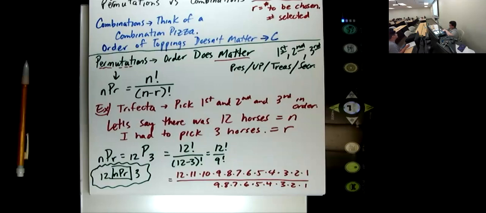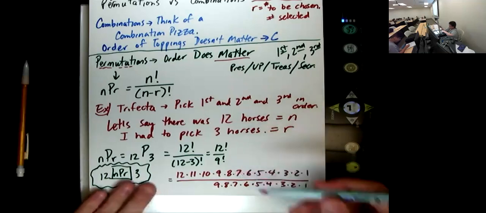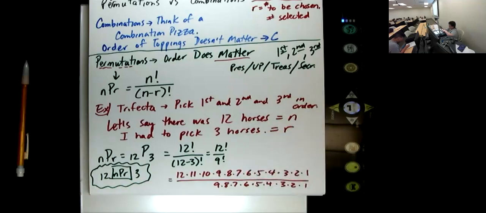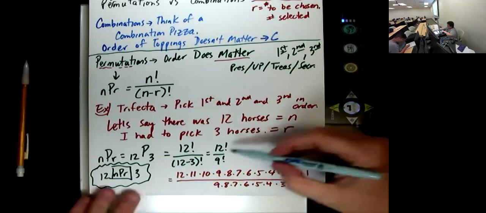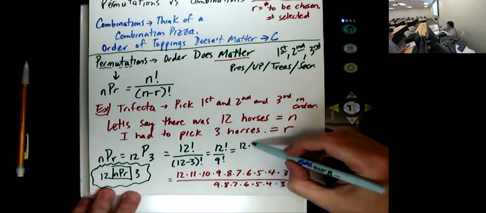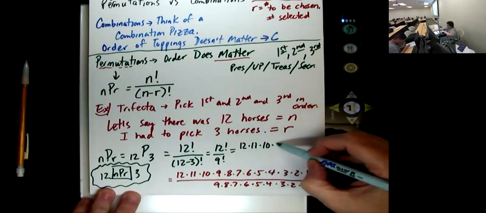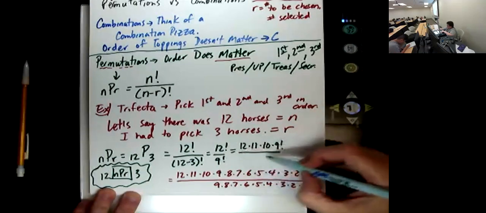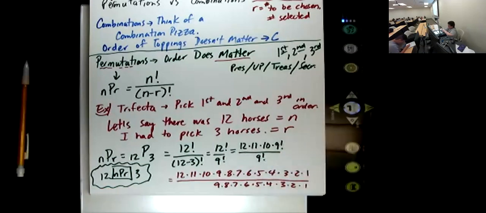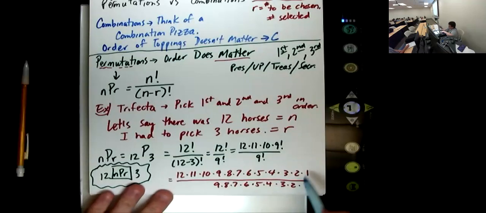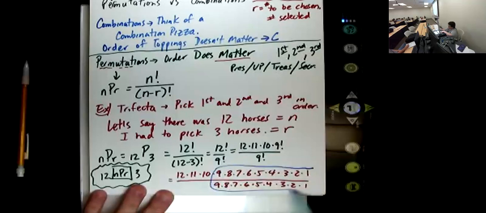Almost all of that cancels out. The shorter way of writing this is 12 times 11 times 10 times 9 factorial over 9 factorial. All of this cancels out down here.